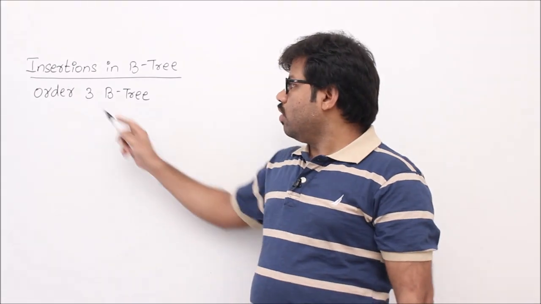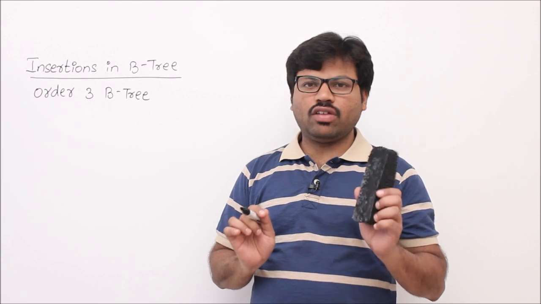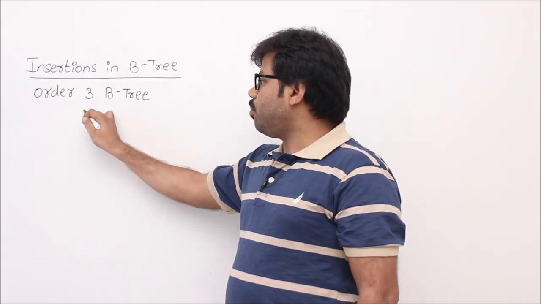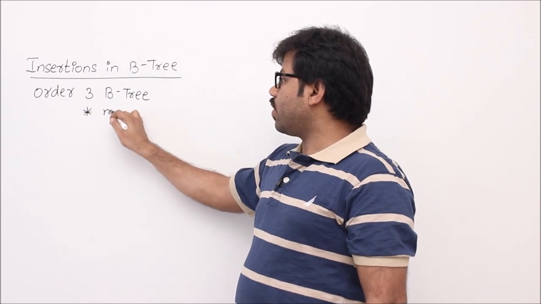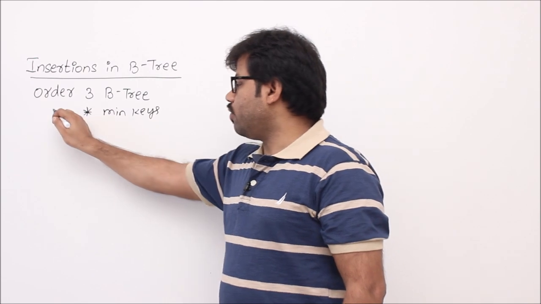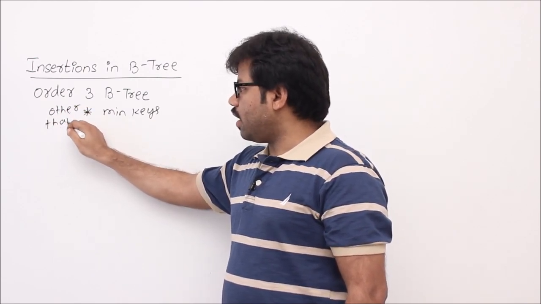So you have an order 3 B tree. I am implementing an order 3 B tree, so strictly follow those things. In an order 3 B tree, one important point is the minimum number of keys and the maximum number of keys. We know that it is other than root. Why it is other than root, you will also understand.